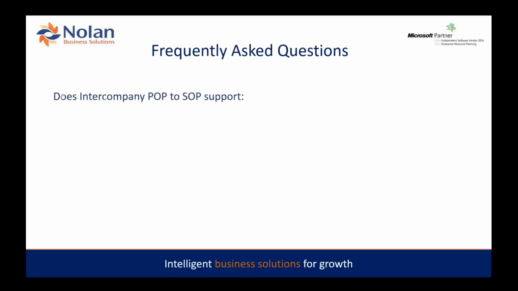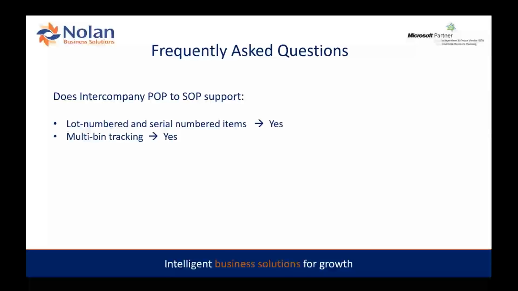Intercompany POP to SOP will work with lot numbered and serial numbered items. It will also work in a multi-bin tracking environment with standard inventory items. Intercompany POP to SOP also supports both Dynamics GP's standard and extended pricing functionality.